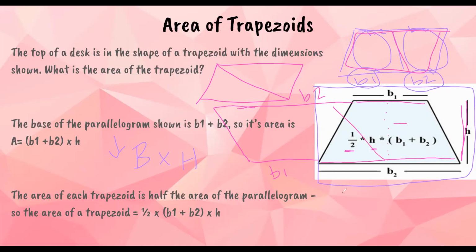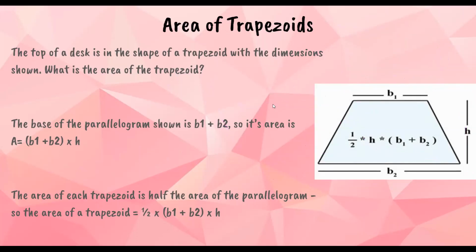So this matches this, and this matches this. The reason I'm adding them is because this is really all one. So just adding the top and the bottom. If none of that makes sense to you, or where that formula came from, just know what H represents and what B1 and B2 represent while we are going through this.